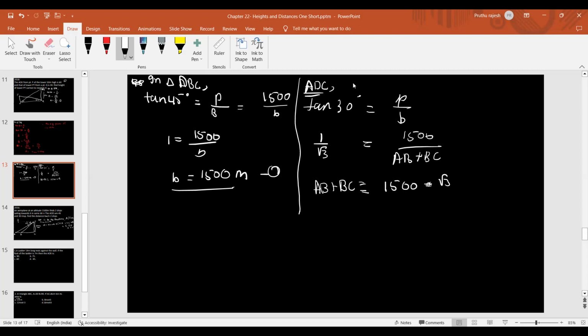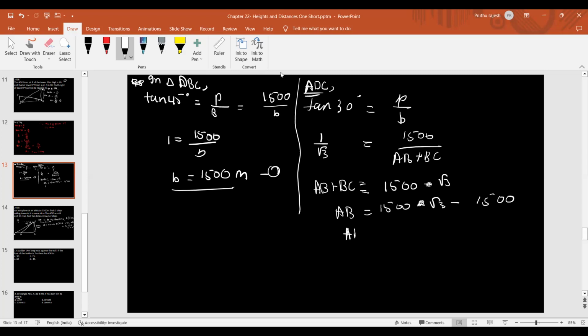So AB equal to 1500 root 3 minus 1500. So root 3 is common.